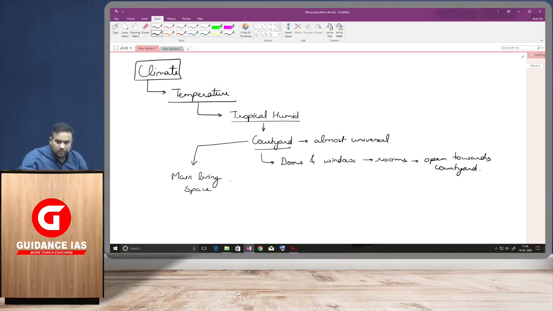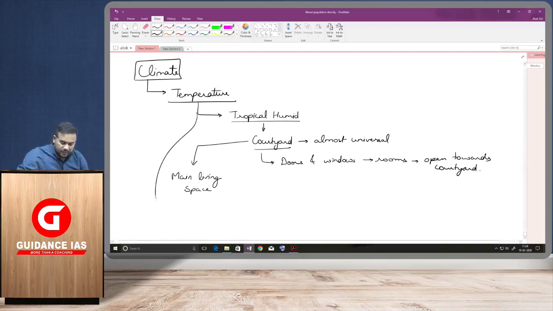So they would spend most of their time in the courtyard. Rooms are mainly utilized in some seasons, like for example in the northern India in the winters, they can be used. Main task of these rooms is what? These rooms are used mostly for storage purposes. Okay? So again, that is the case of temperature.